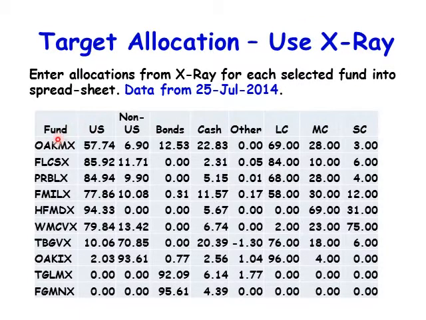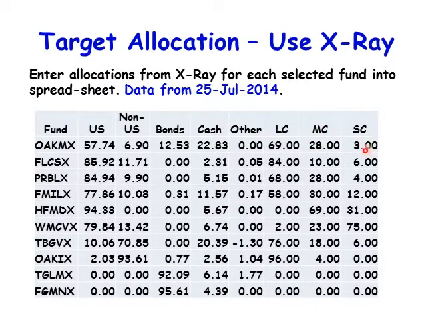So this is the Oakmark, a large cap fund, and FLCSX is large cap, and so is PRPLX. Let's see what's going on here. This is a large cap fund with only 69% in large cap, 28% bleeding into the mid cap, and 3% into the small cap.